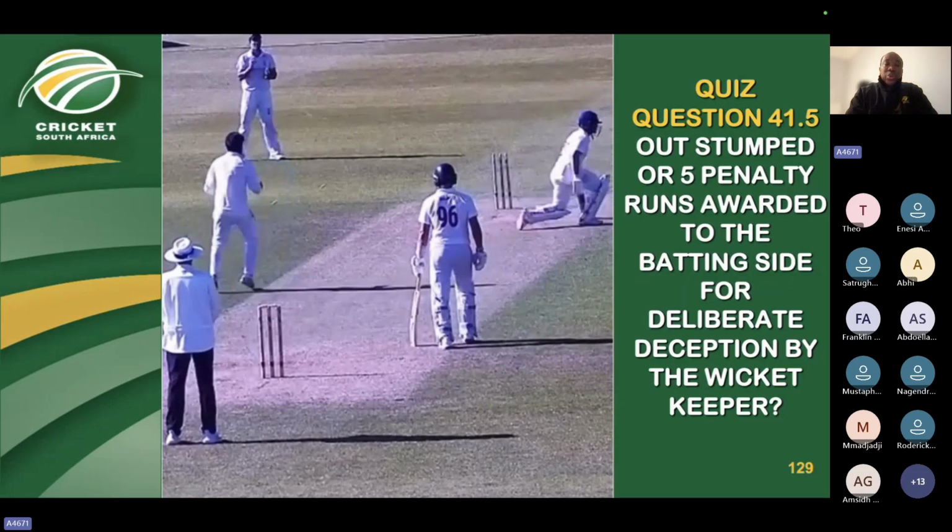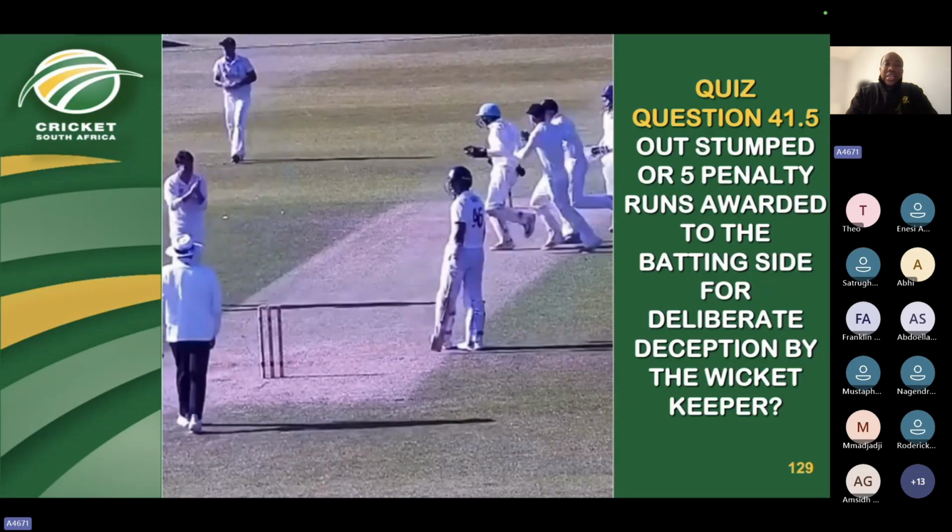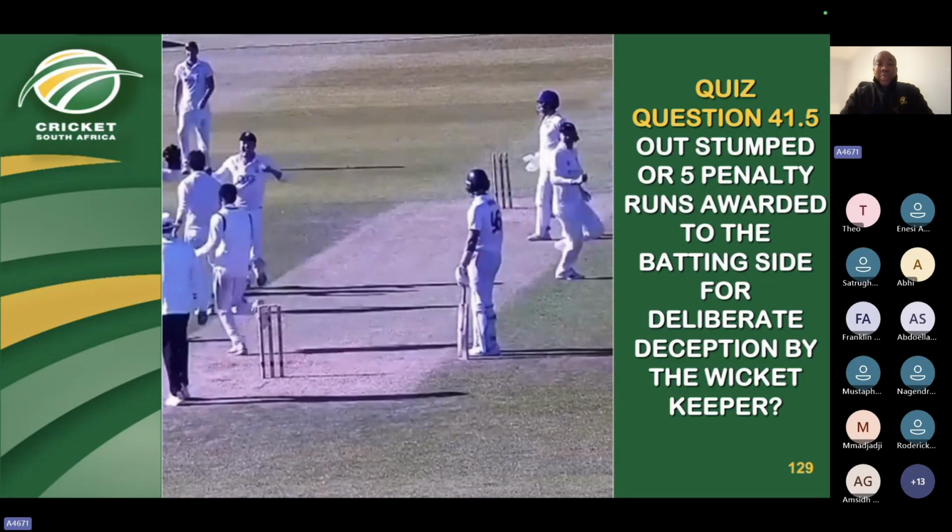Therefore, we need to invoke the law 41.5, which says if there is deliberate deception, distraction, or obstruction of the batter, any batter, by any member of the fielding side, either umpire shall call and signal dead ball, and neither of the batters will be dismissed off that delivery.